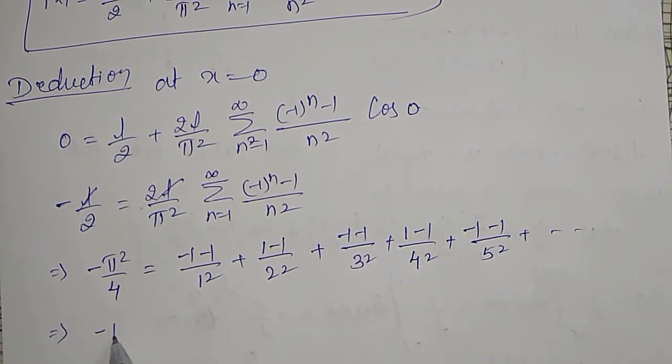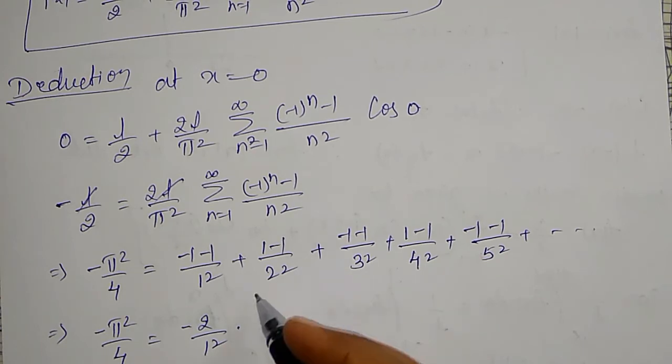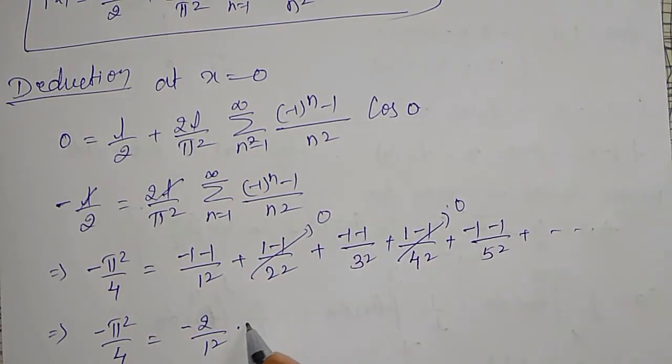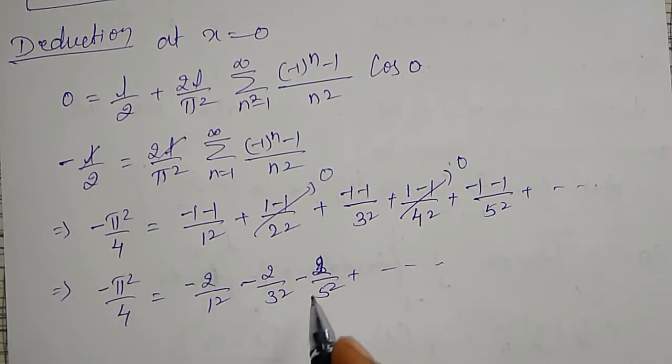This implies minus pi square divided by 4 equal to minus 2 divided by 1 square, and this is 0, this is also 0, like that, minus 2 divided by 3 square, minus 2 divided by 5 square, and so on. Minus taken common, 2 is also taken common.